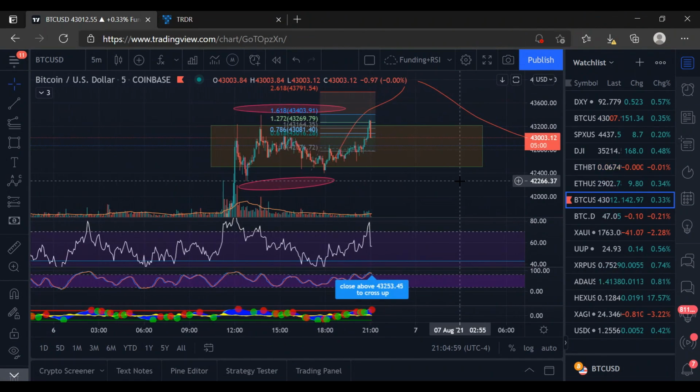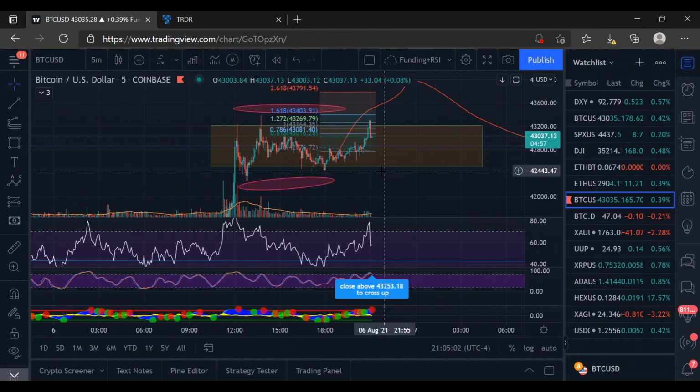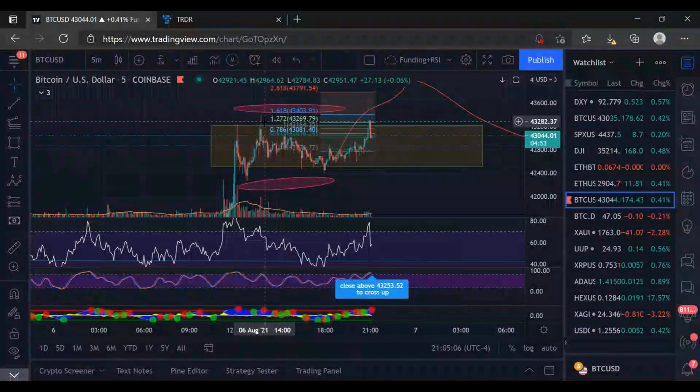And what do we do here? Basically double topped. And what happens when we double top? We break it, grab the liquidity.